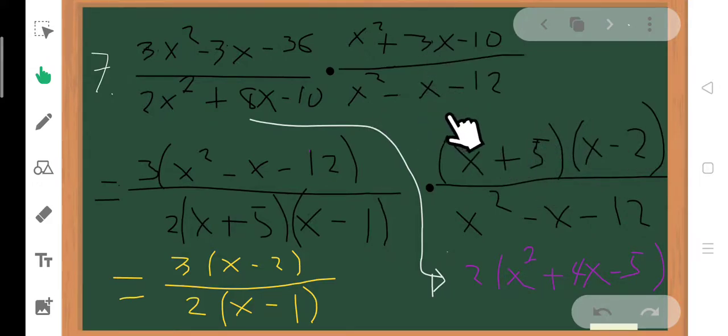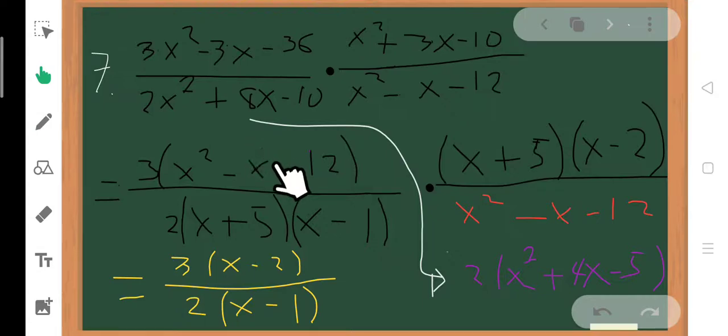Now for x squared minus x minus 12, I'm sorry, I didn't factor it because I could see the same trinomial in the numerator here.